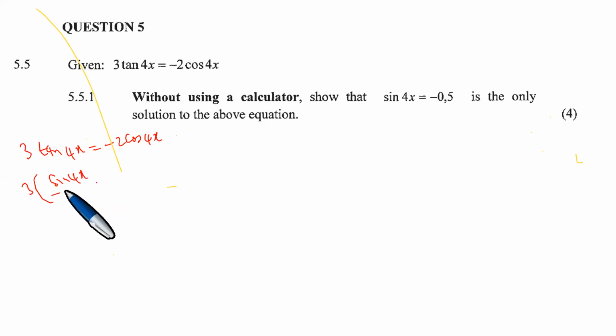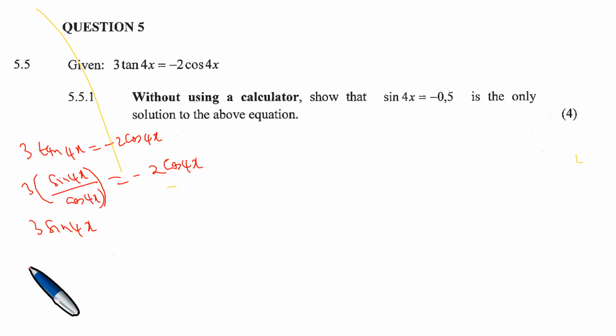Tan is the sine over cosine for x, which is minus 2 cosine for x, which is exactly 3 the sine of 4x, which is the same as plus 2 cosine squared 4x equals 0.